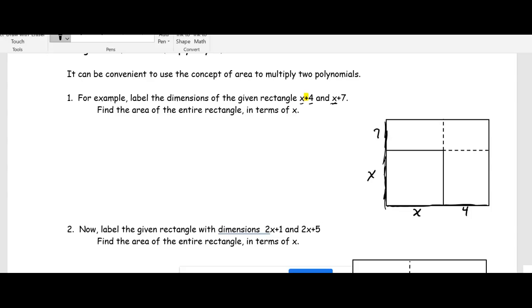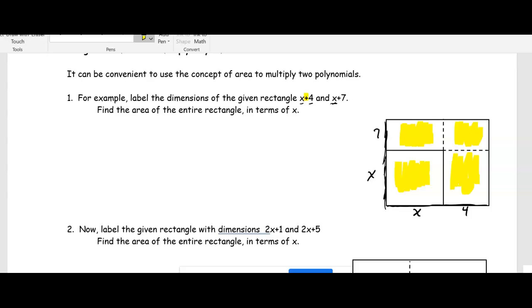So here's what I want you to do first. Before we actually read here what this is telling you to do, what I want you to do real quick, find the area now of these 4 individual rectangles. Similar to what we did in the last problem.